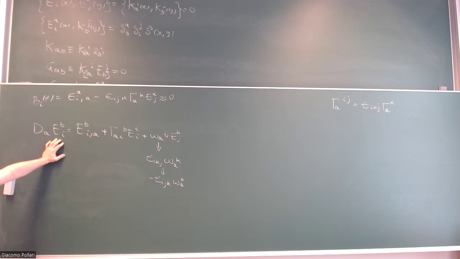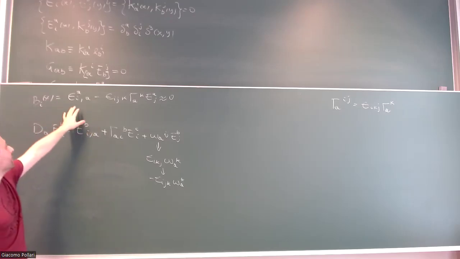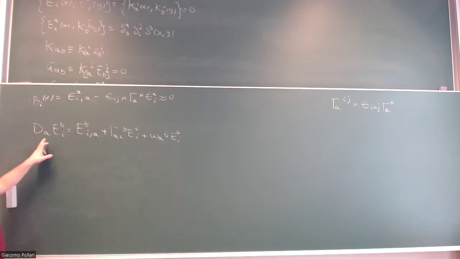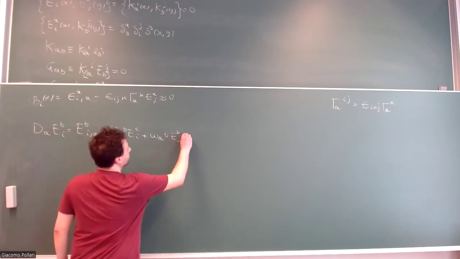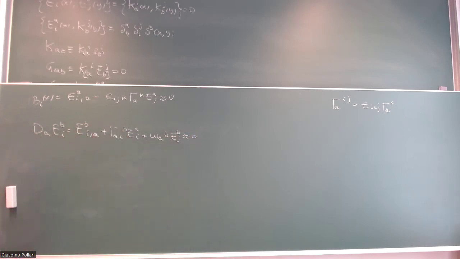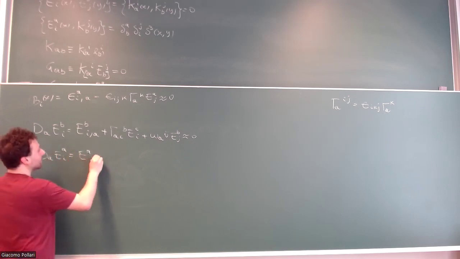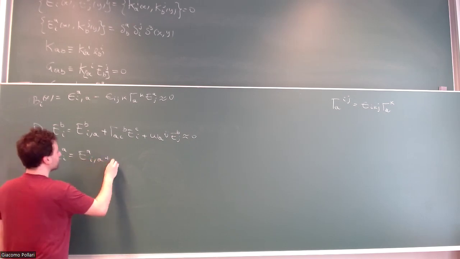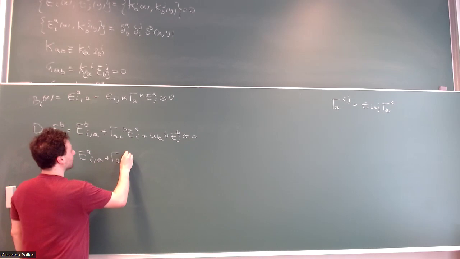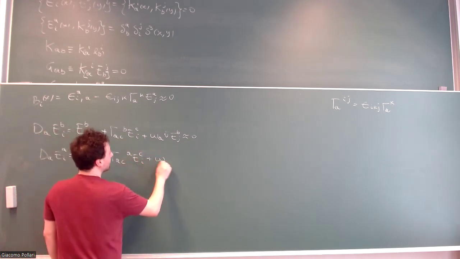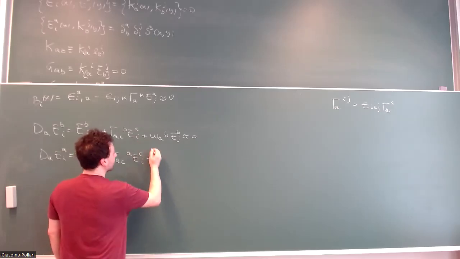Okay, so this one, as I said, can be written as the covariant derivative there. Because if you define this covariant derivative compatible with the triads, and therefore with the density triads, we have this dA. I can write this gamma, we'll see.